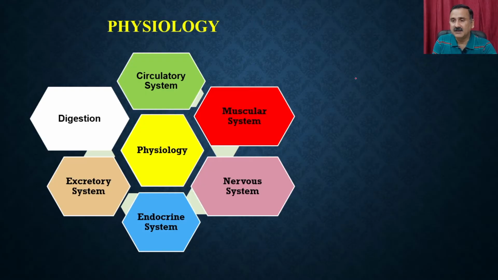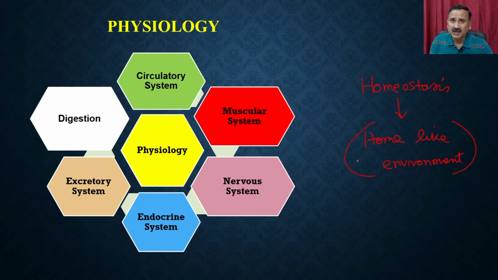Homeostasis is the condition which is going to feel like a home-like environment. The terminology literally means a home-like environment, right? And you know that you always feel very safe when you are in a home-like environment, because that gives you all sorts of comforts. It gives you protection from dangers and so on.